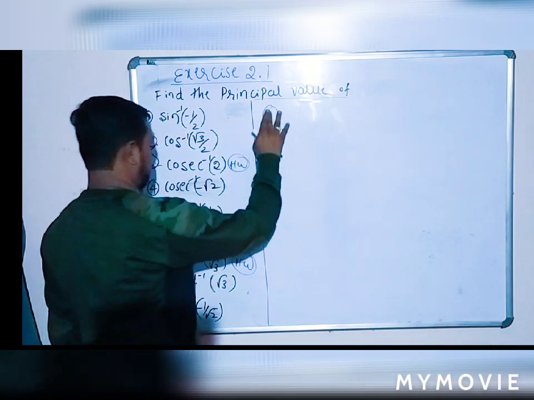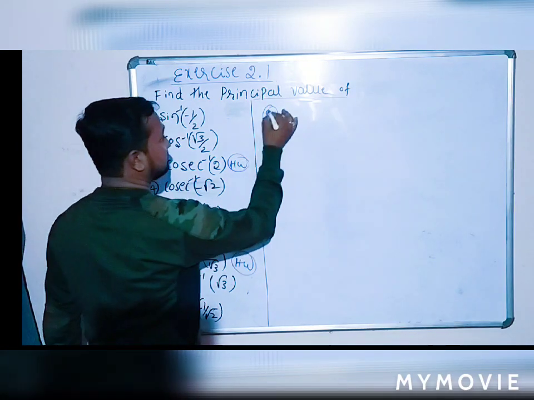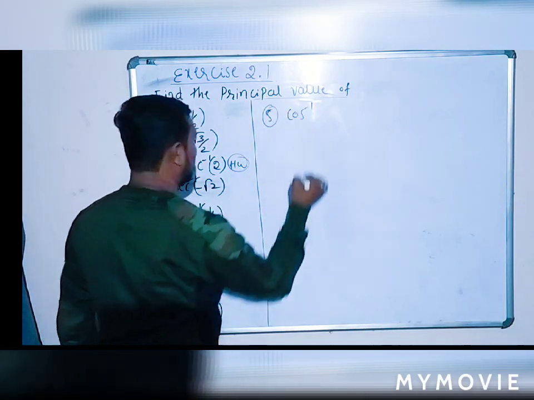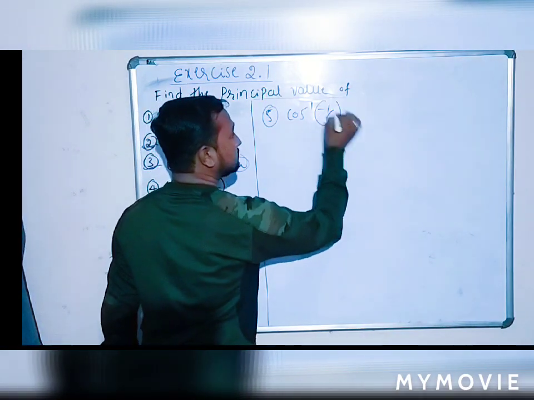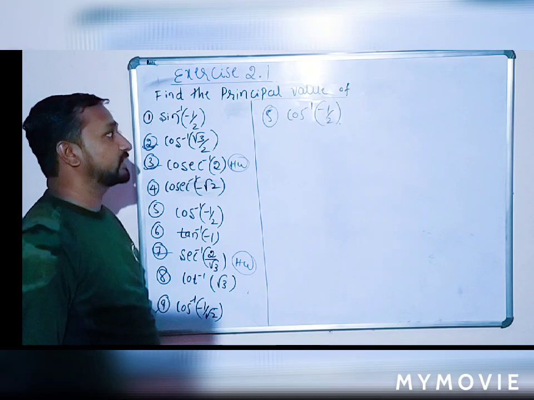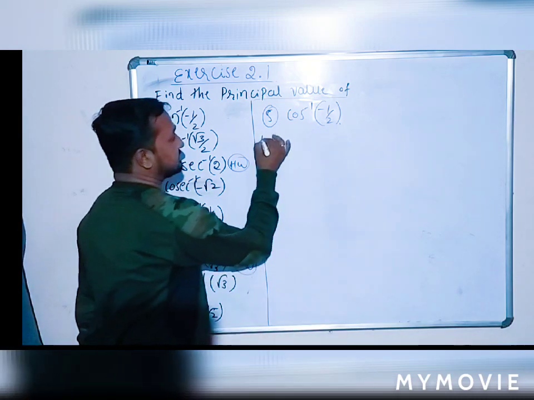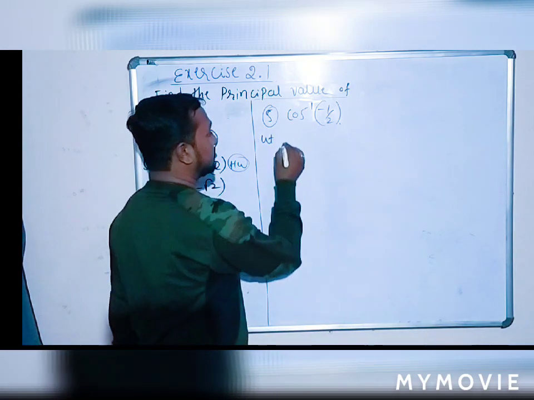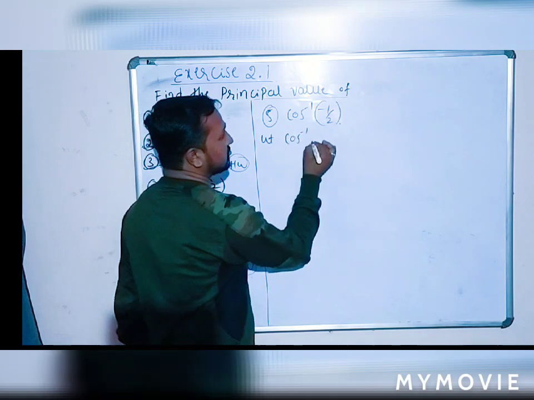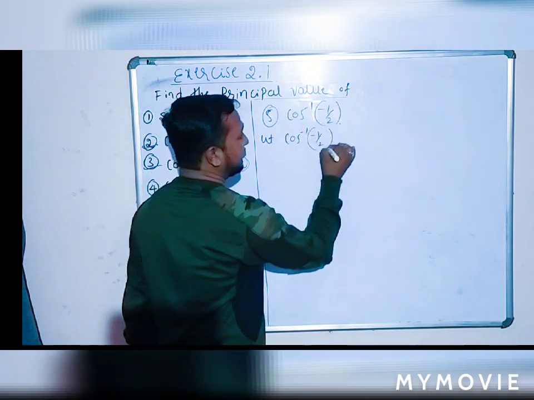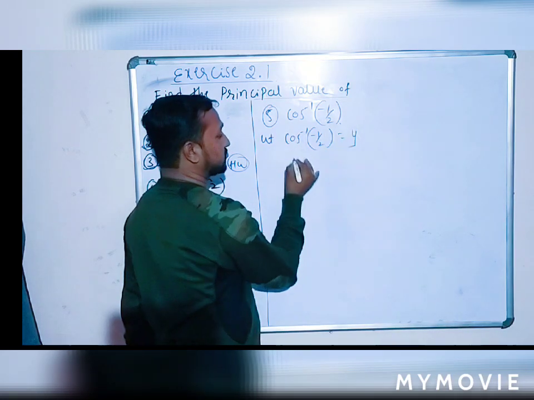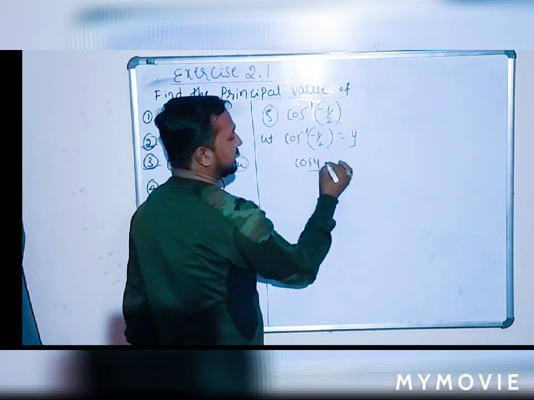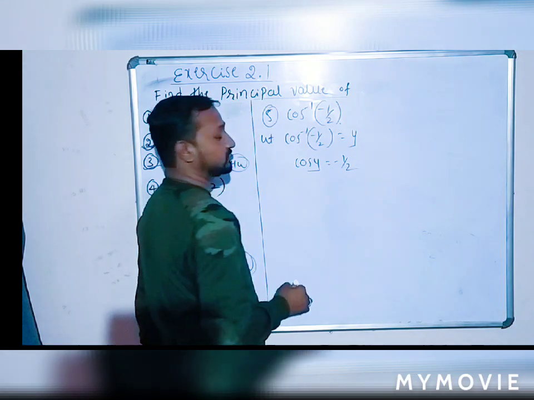Cos inverse of 1 by 2. That is the fifth example. Cos inverse of minus 1 divided by 2. Let us consider, as usual, your first procedure. Let cos inverse of minus 1 by 2 be equal to y, so cos y is equal to minus 1 by 2.